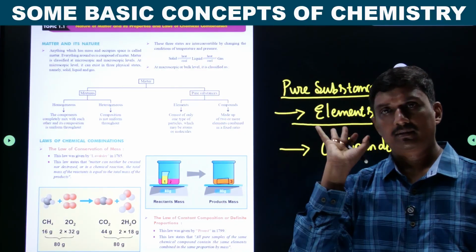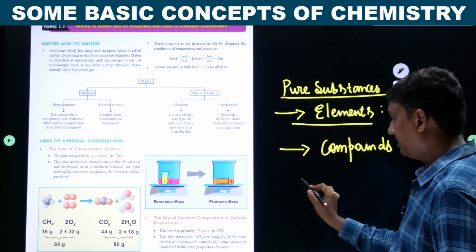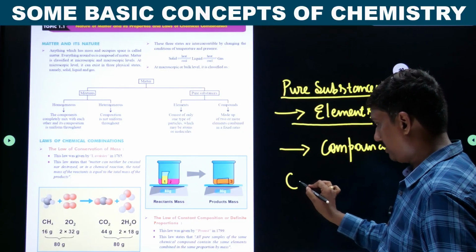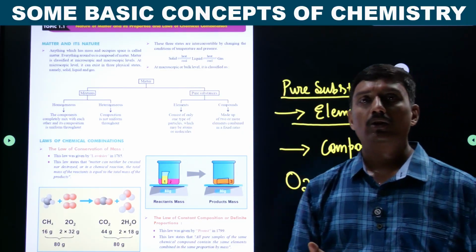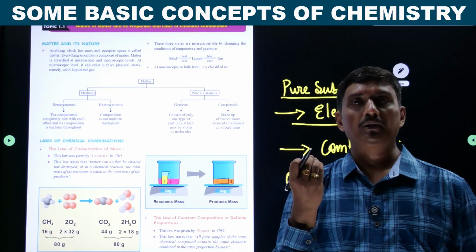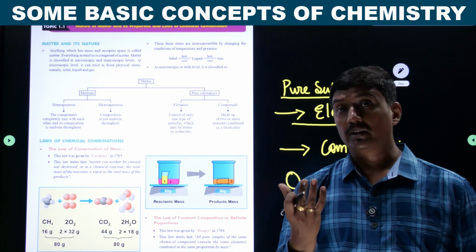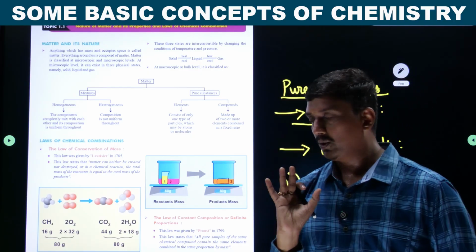I will tell a simple example. For an element, we are using the word oxygen. Regularly, it's a routine, because oxygen is the major constituent and it is very much required for life. Oxygen is very familiar to you.